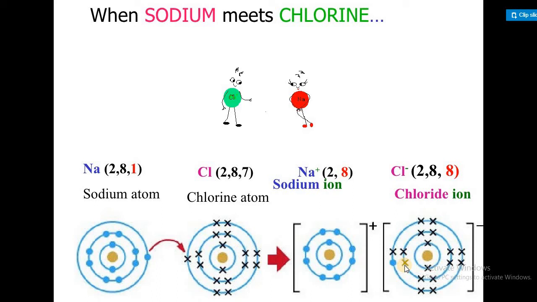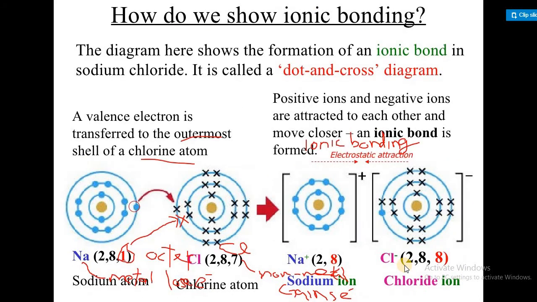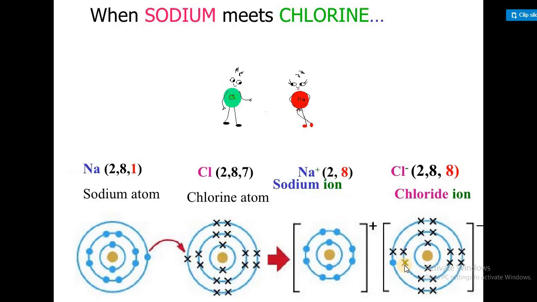You can pick up your notebook and draw the formation of calcium chloride by dot and cross diagram, potassium oxide, sodium oxide. Any example you can try out of these which I have just told you. So this is very, very simple. It's not complicated.